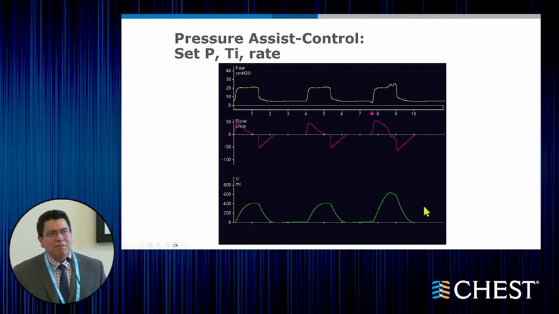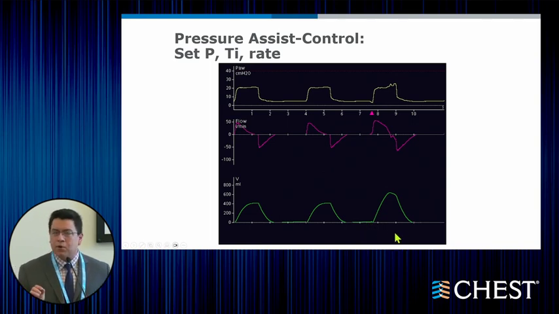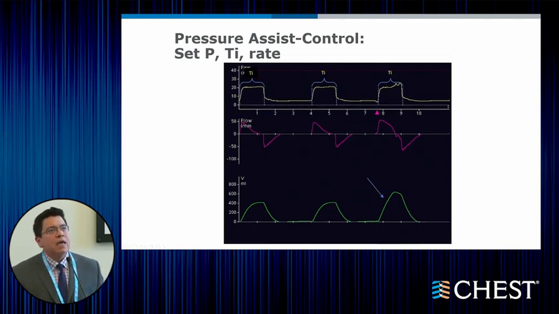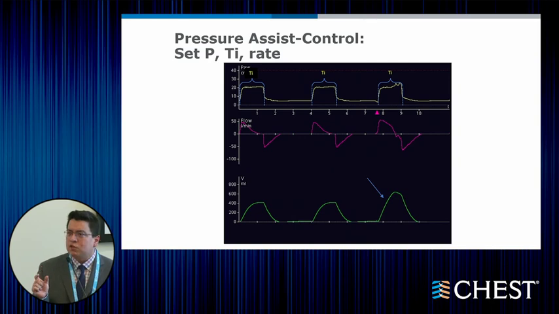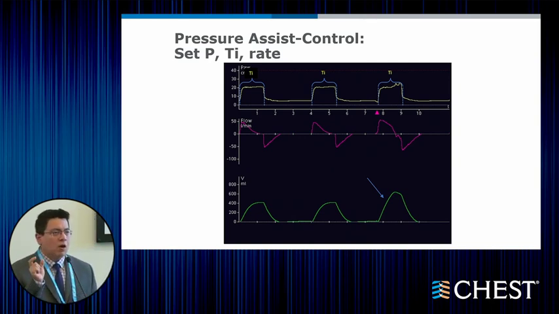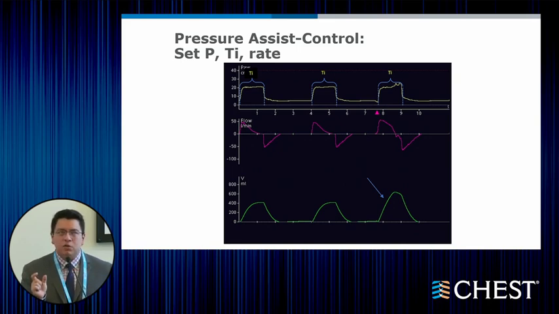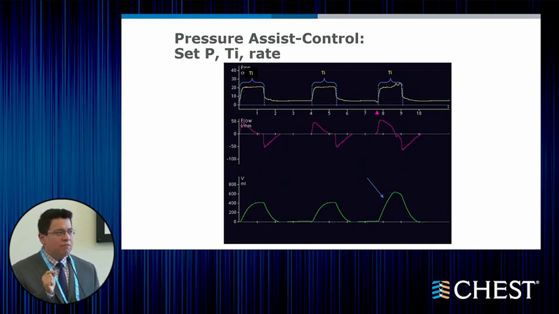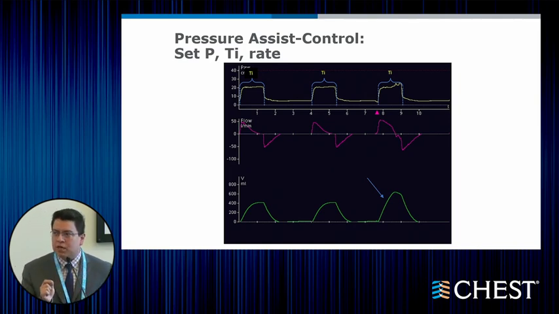But you can see significant changes due to that effort on the amount of volume that this mechanical breath resulted in. And I just want to drive your attention to the very specific and constant inspiratory time that you will see regardless of patient effort with every mechanical breath. So an easy way to identify pressure control ventilation is going to be paying attention to your inspiratory time.